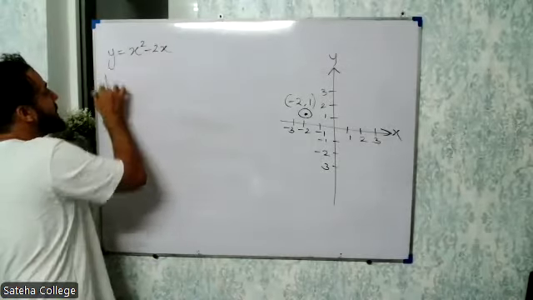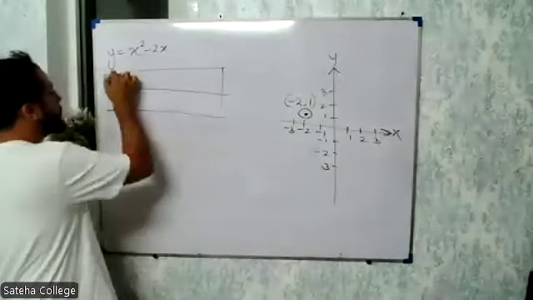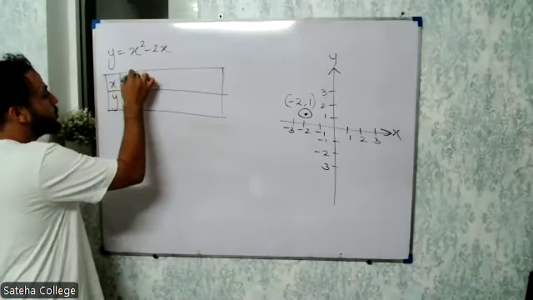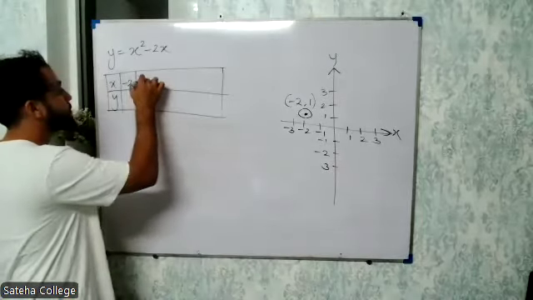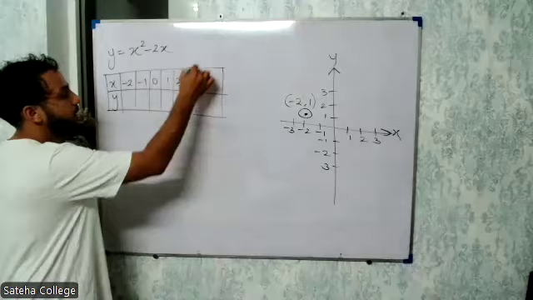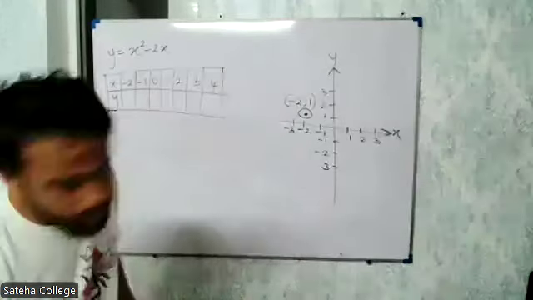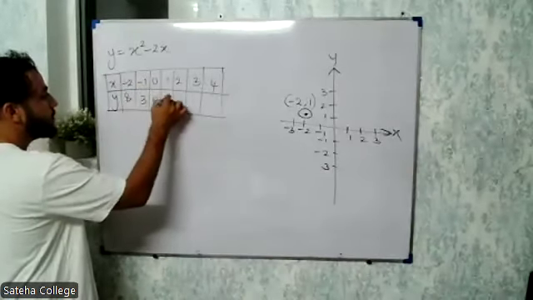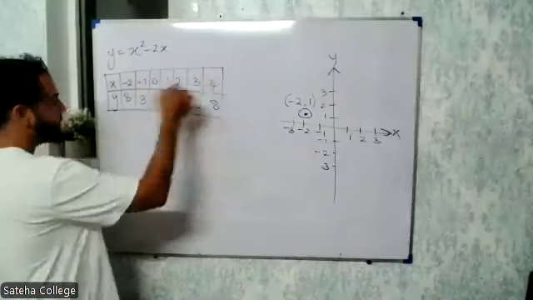So in the table, x and y: x from -2 to 4, so -2, -1, 0, 1, 2, 3, 4. Then they have given you the y values: 8, 3, 0, -1, 0, blank, and 8 here.